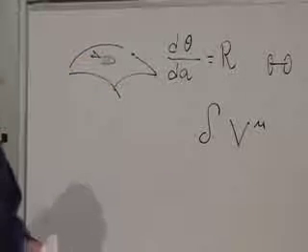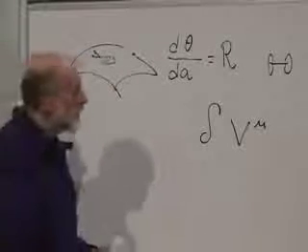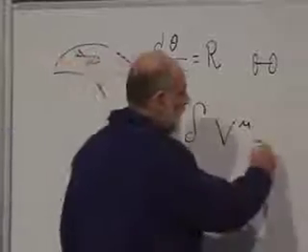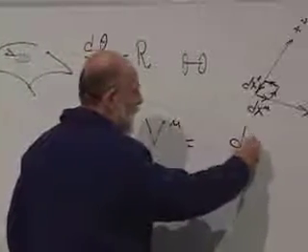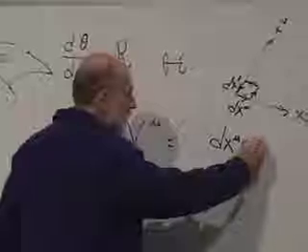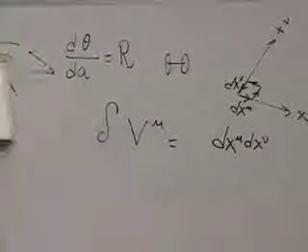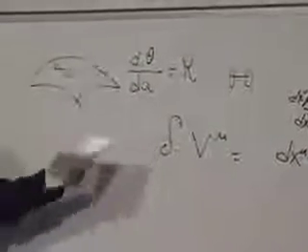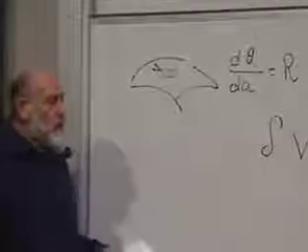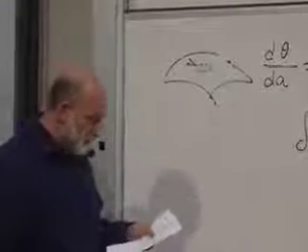And that change, let's write down a very general formula. It will be proportional to dx mu and dx nu. Why? Because we expect it to be proportional to the area that we've enclosed.